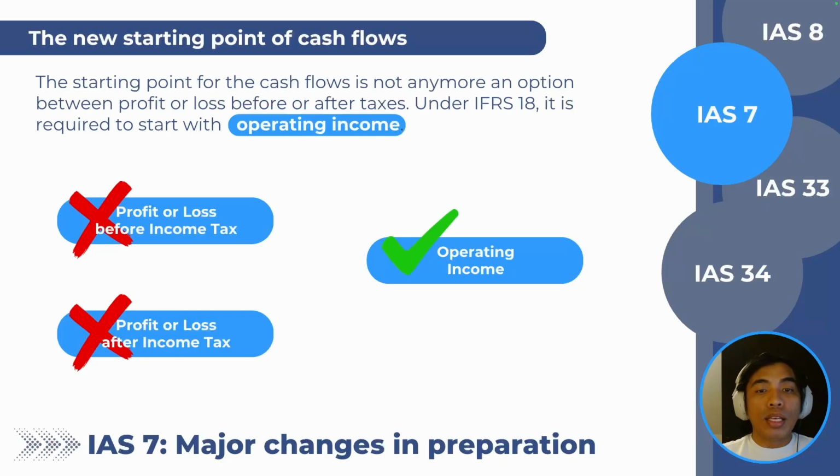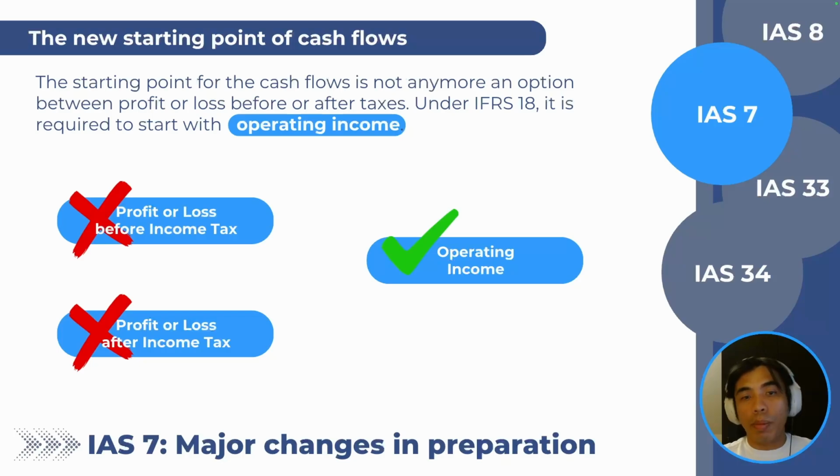Under IFRS 18, IAS 7, Statement of Cash Flows, gets some important refinements, which affects almost all entities, all companies. If you are using the indirect method of the Statement of Cash Flows, as most entities do, you start with the P&L, then have adjustments for the non-cash items and non-operating items so that you can arrive at the operating cash flows.